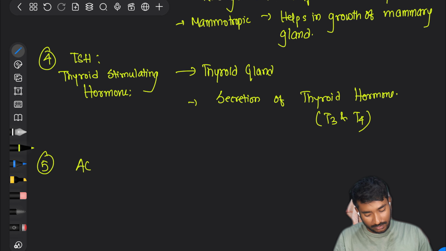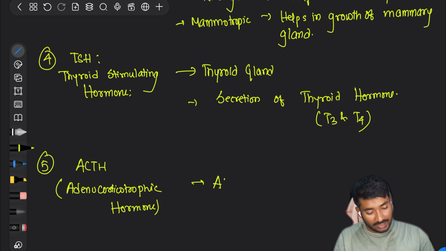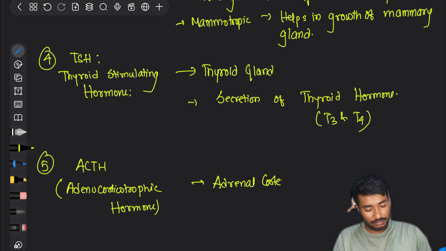The 5th is ACTH, adrenocorticotropic hormone. Target is adrenal cortex. Okay.